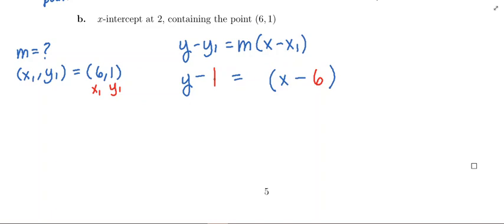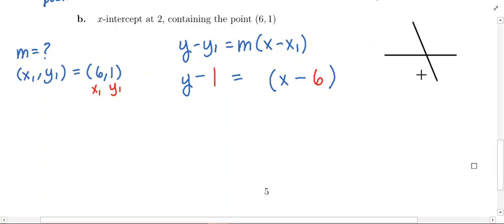It's a little tricky. This first characteristic, that the x-intercept is at 2, may be tricky for you. But what I need you to realize, because you're probably wondering what to do with that: if you've got a line, and I'm just drawing the x and y axes here, or any kind of graph, it doesn't have to be a line, though in this case it is, and you are told that you've got an x-intercept at 2, that means your graph is going to cross the x-axis at 2.